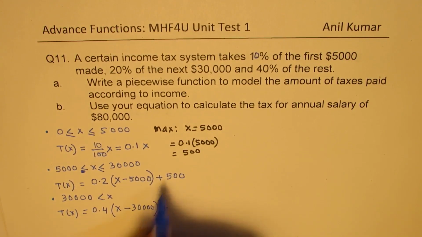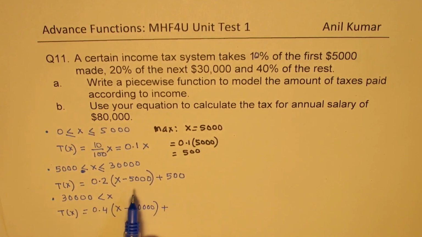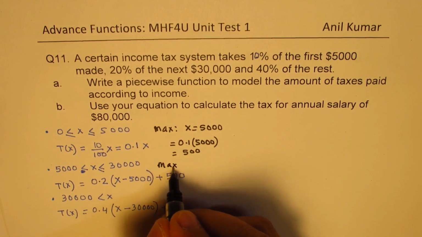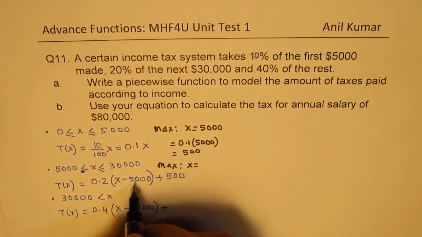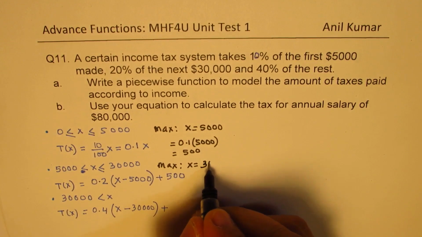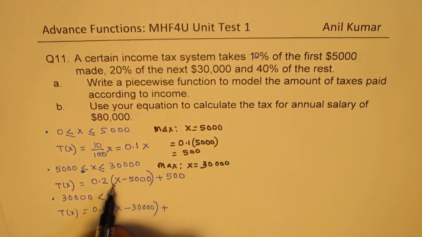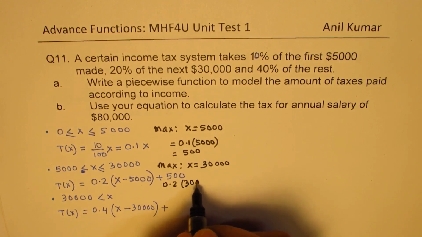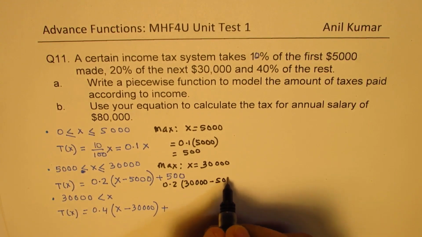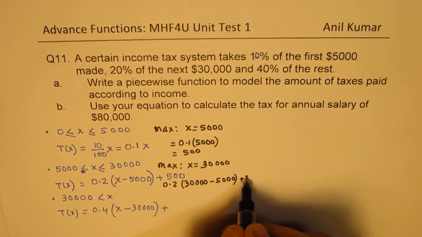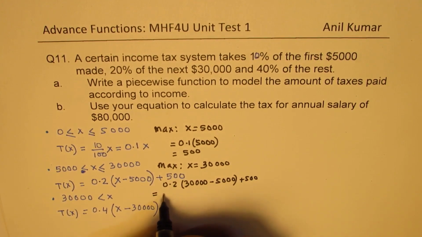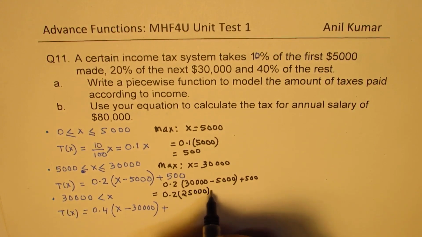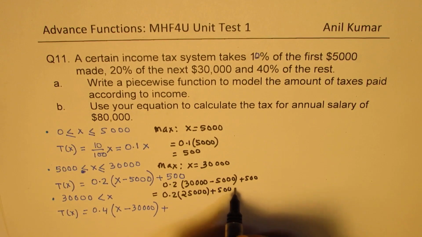Now, what was the maximum you paid on this? So you need to calculate the maximum here also. So let's do the calculation for the max when x is equal to 30,000. Substituting 30,000 here, we get 0.2 times 30,000 minus 5,000, plus 500, which is equal to 0.2 times 25,000 plus 500, correct?